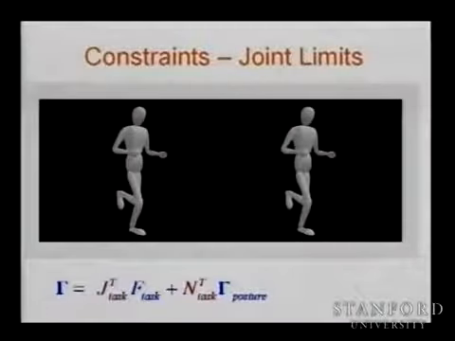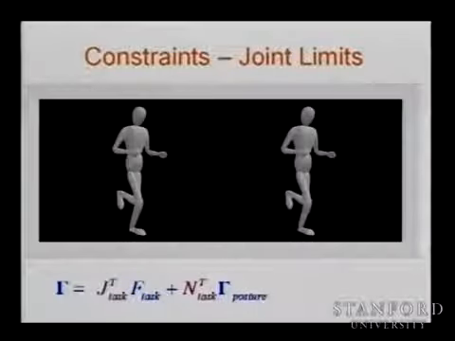How do you deal with the fact that if you have a joint limit and you're moving and you hit a joint limit, what is going to happen? So this structure of control that I talked about produces a very useful way to apply constraints. Essentially, I mentioned constraints in terms of attractive forces, repulsive forces.